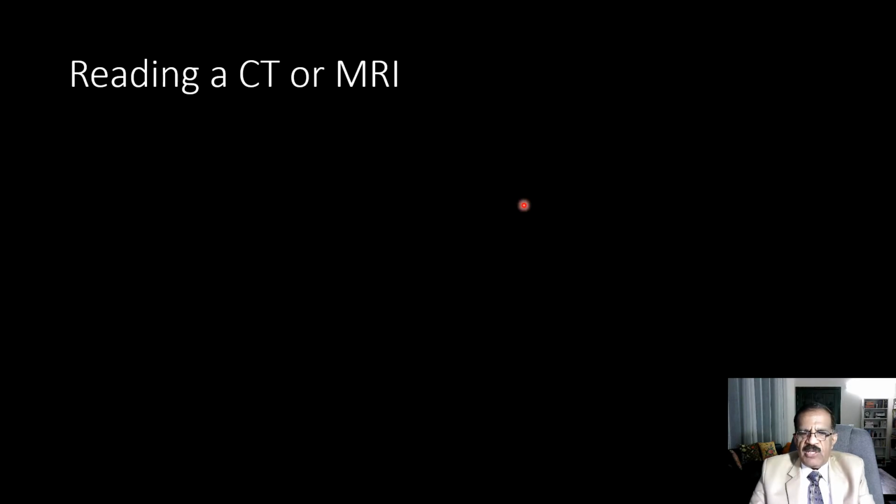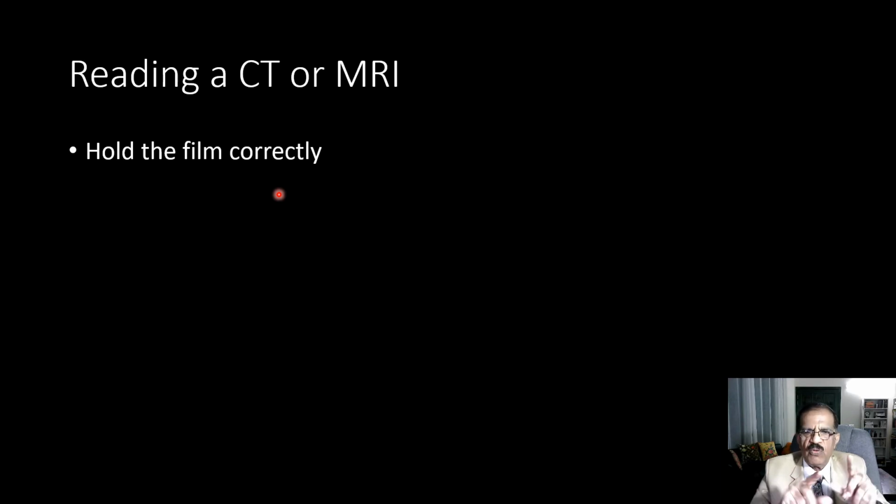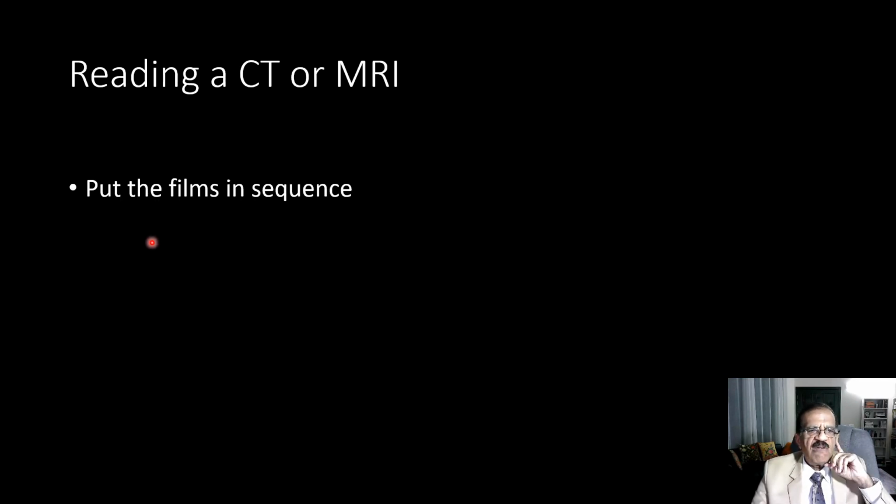Now, reading a CT scan or MRI has some basic principles. First, hold the film correctly. The best way to do that is to read the label. If you can read the label correctly, that means you're holding the film correctly. And then put the films in sequence.